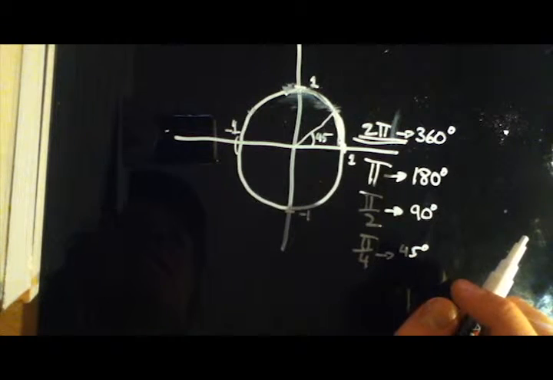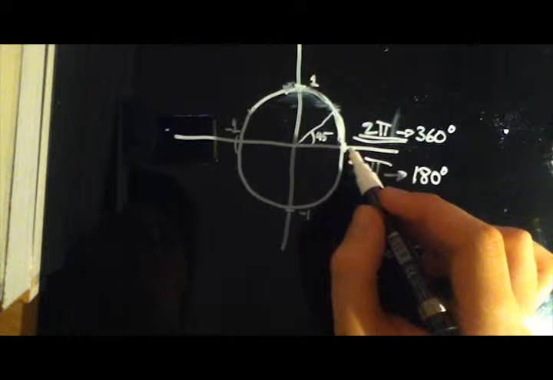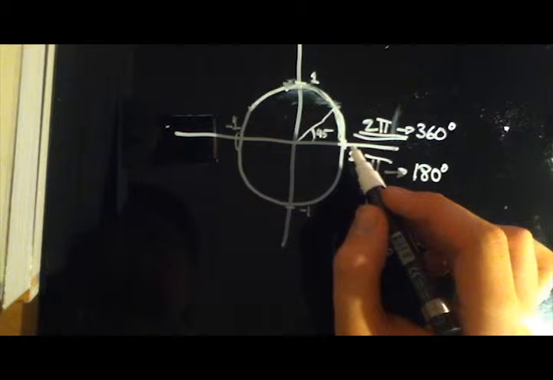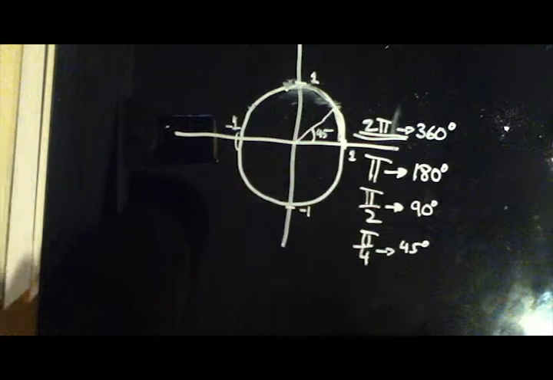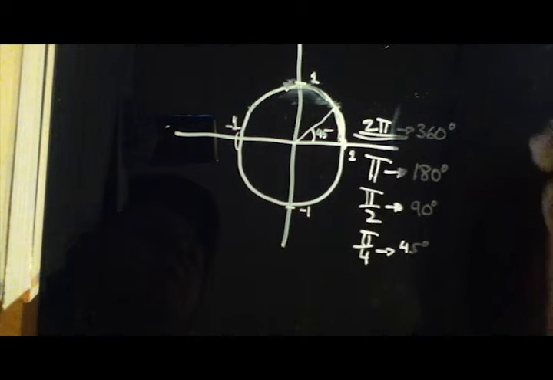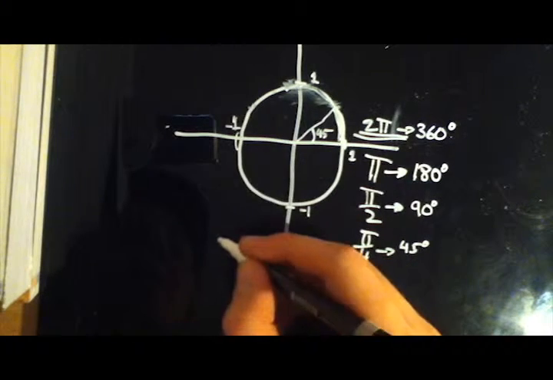Now ask yourself this question. If this whole thing is 360 degrees, what is 30 degrees? Well, 360 divided by 6 will give you 60 degrees. 360 is 2 pi.